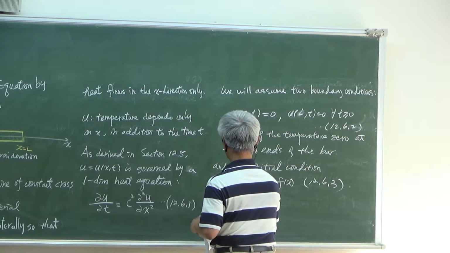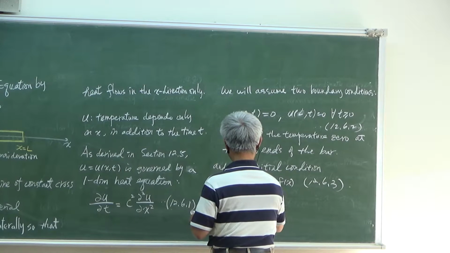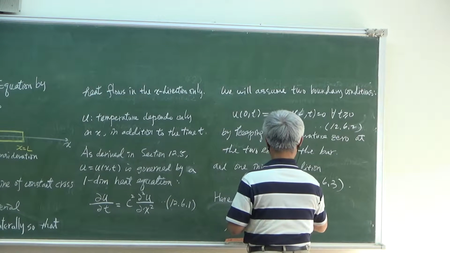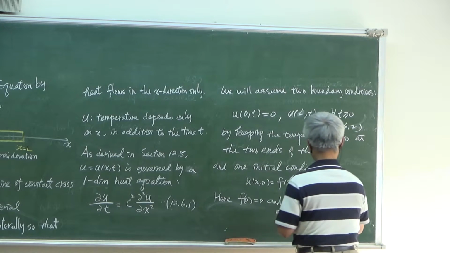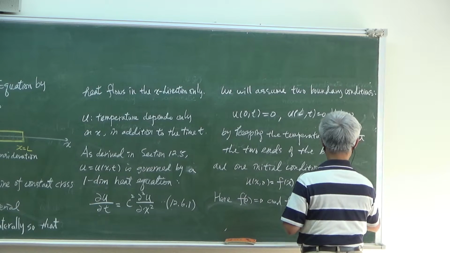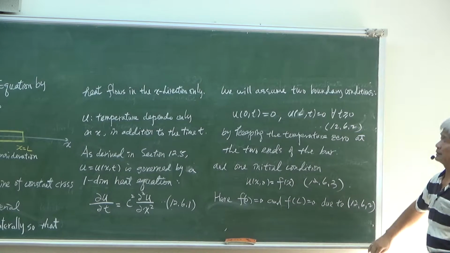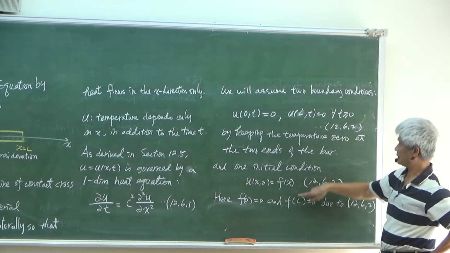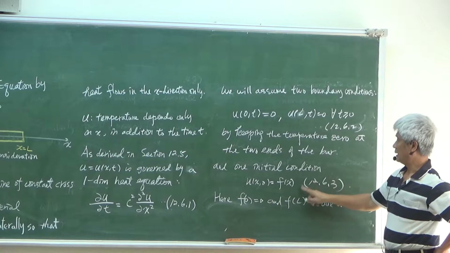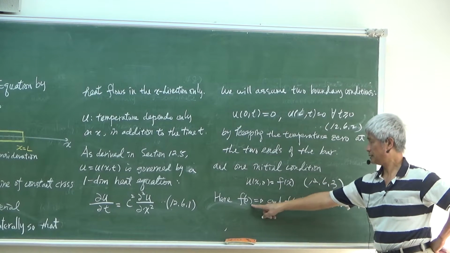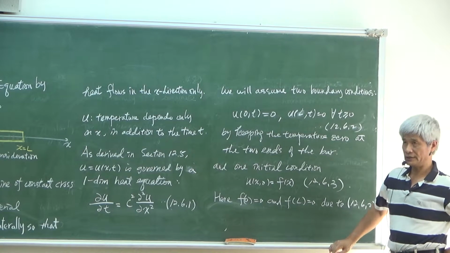And here f(0) is equal to 0 and f(L) equal to 0 due to 12.6.12, due to the boundary condition. So this is the boundary conditions, and the initial condition here, f(0), f(L) are both zeros.